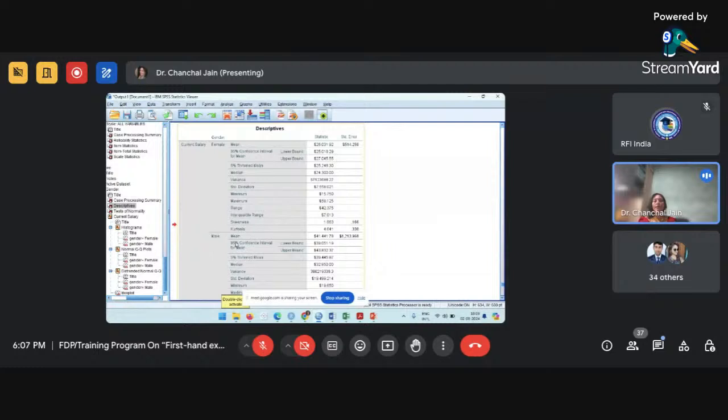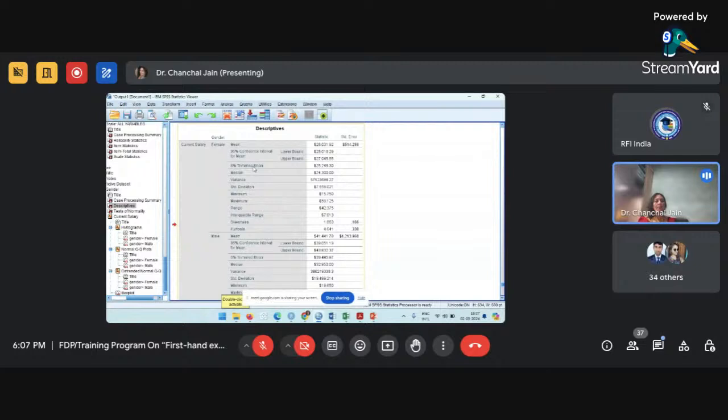For the male, it is 41,441.78. The 95% confidence interval for the mean for the female is 25,018.29 to 27,045.55, and for the males it is 39,000 something and 43,000 something.